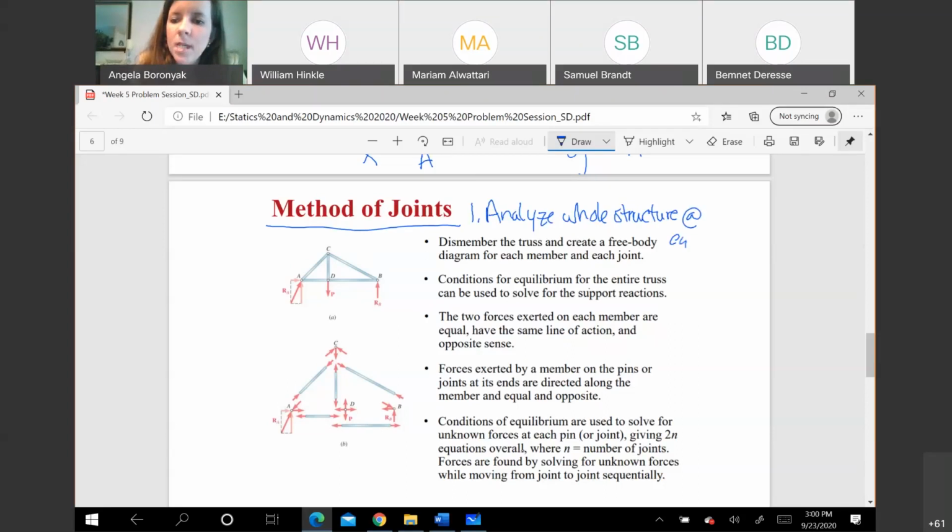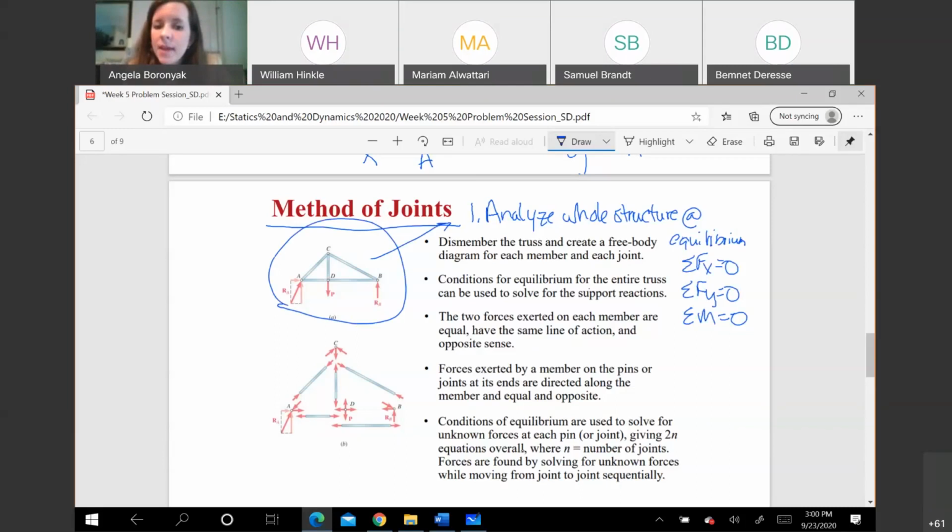So these are all analyzed like they're 2D structures with thin beams. So at equilibrium, for 2D, remember the sum of forces in x and the sum of forces in y are 0, and the sum of my moments at some point equals 0. I want to do this for my whole structure first, and then I dismember or break each part of that truss into its individual members and create a free body diagram for each joint.